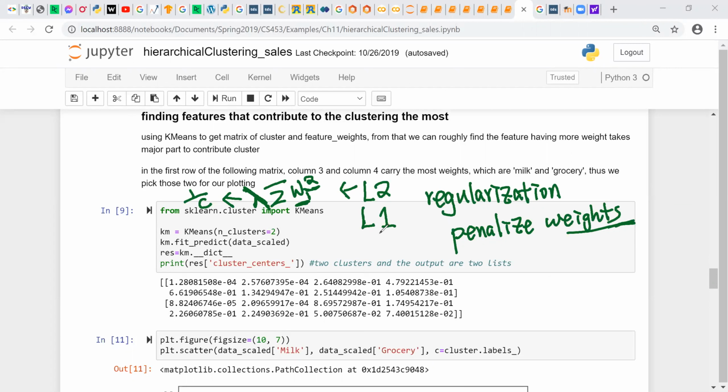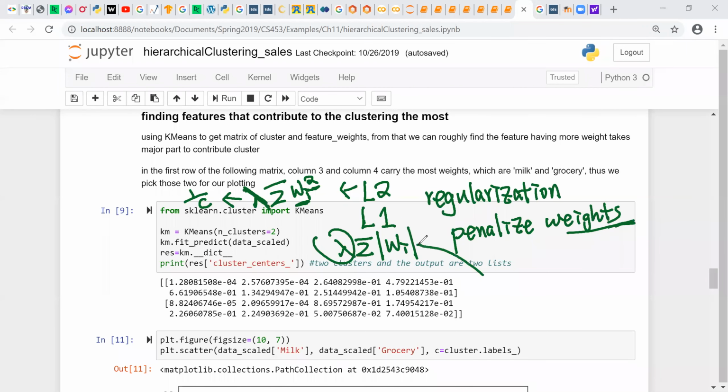And for L1, it's lambda times sigma, not squared, but the absolute value of the weight. You sum them together and adjust this parameter. And this L2 is penalizing weight.